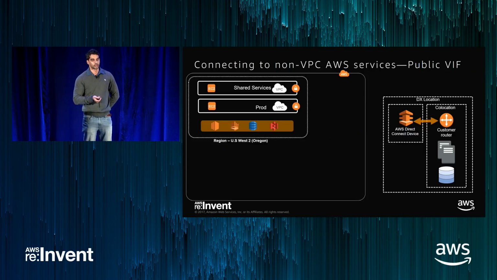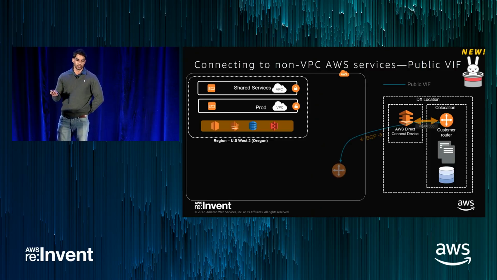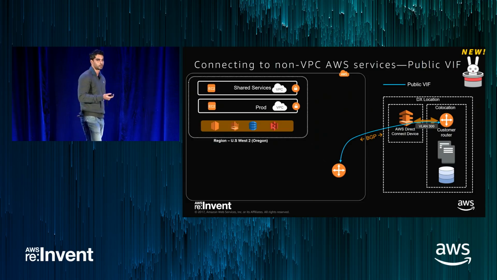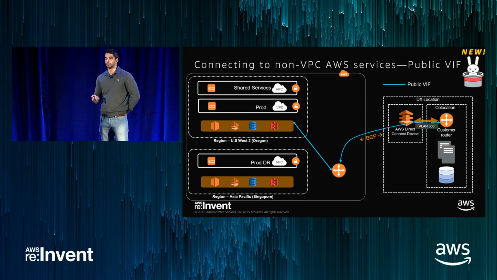As part of the new launch of Direct Connect Gateway, we also introduced a change to how a public virtual interface works. Now, if you had a public virtual interface set up, earlier it used to give you access to the AWS region it was home to, but now it gives you access to all AWS resources globally.